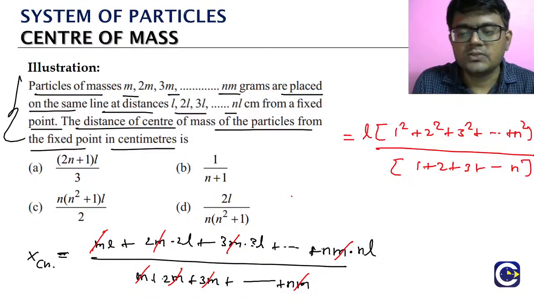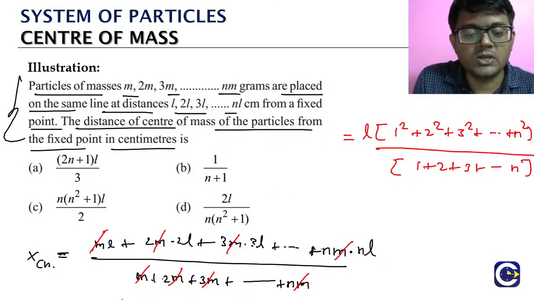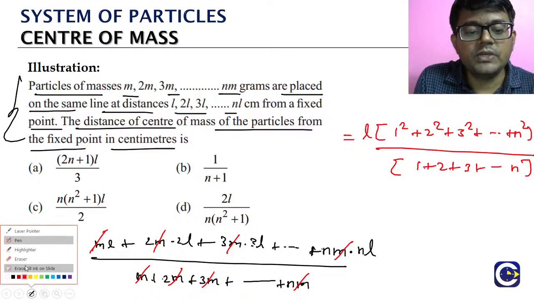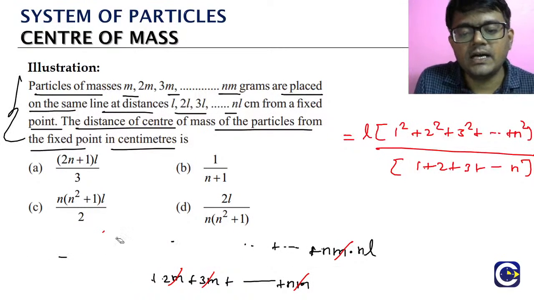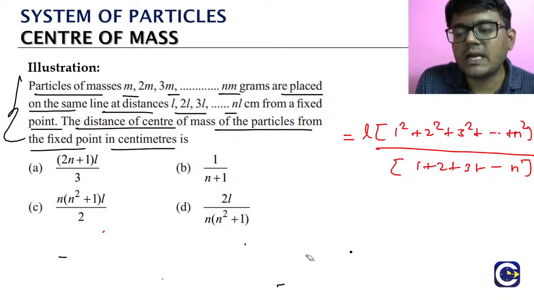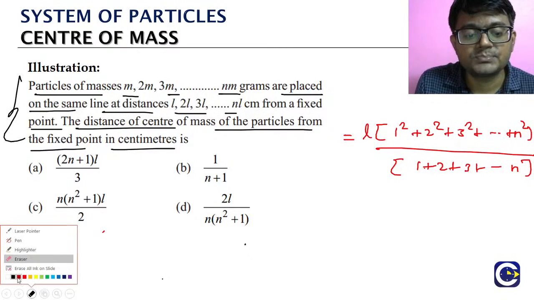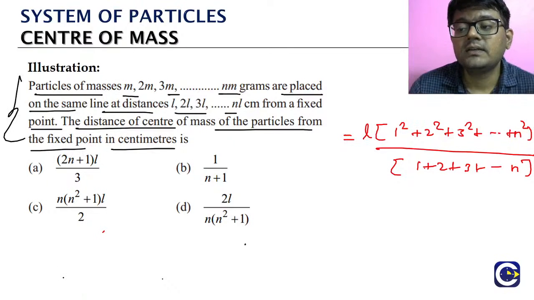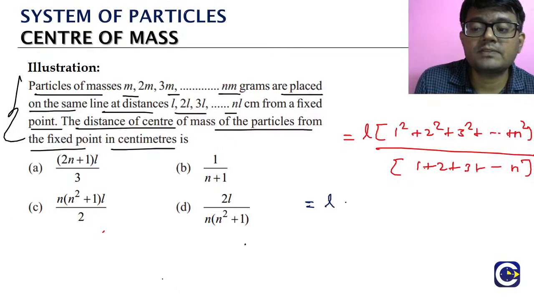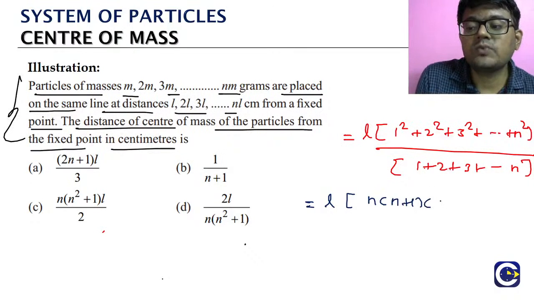Do you know why this problem is important? Because we use these mathematical expressions. Do you remember what 1 square plus 2 square plus 3 square up to n square is? What is the formula for that? n into n plus 1 into 2n plus 1 by 6.